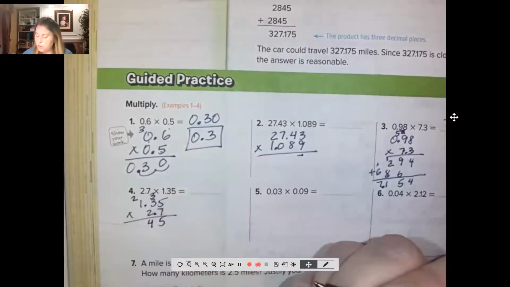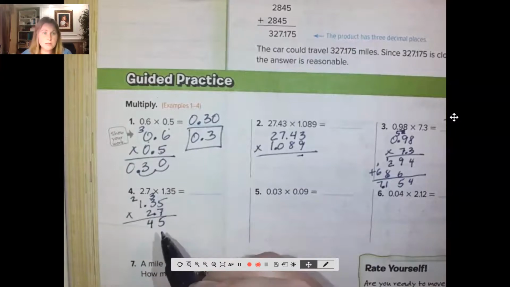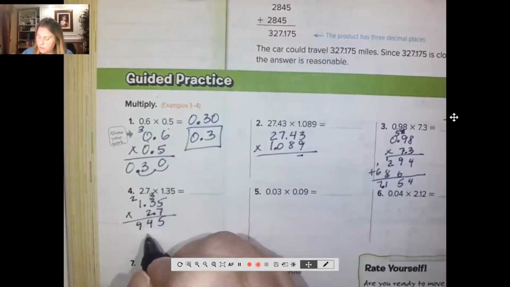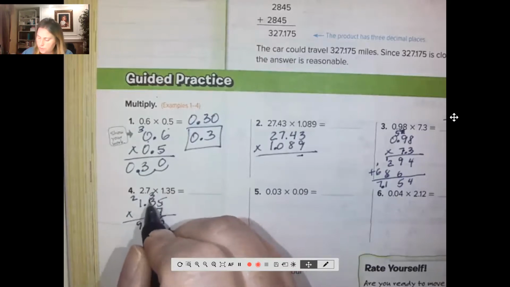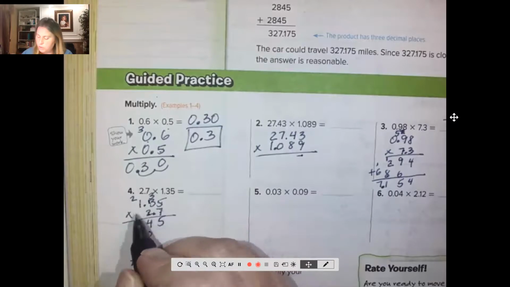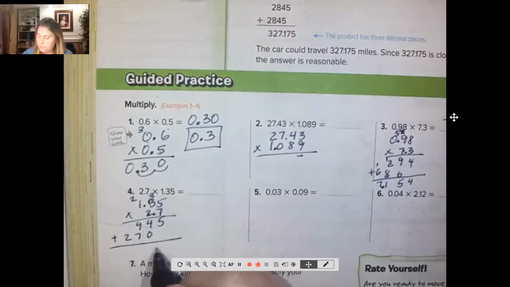Write the 4, carry the 2. 7 times 1 is 7, plus the 2 we carried is 9. 5 times 2 is 10. Write the 0, carry the 1. 2 times 3 is 6, plus the 1 we carried is 7. 2 times 1 is 2. We add these up. 5, 4, 16, and the 1 we carried is 3.